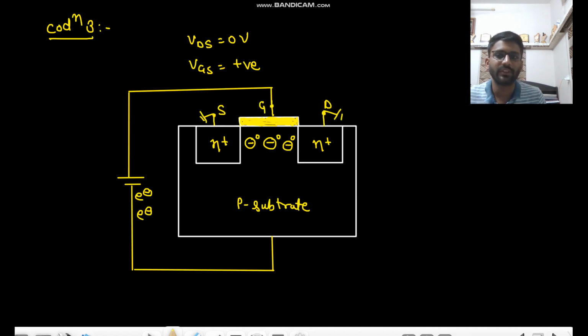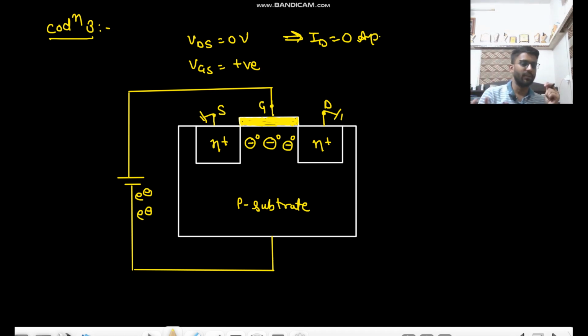So now we will try this: if VDS is 0 and VGS is positive. If drain voltage is 0, you know the current is 0. If there is no drain voltage, there is no chance the current will flow. That is certain. If there is no drain voltage, then what will attract the electrons, or the charge carrier, to the drain terminal?